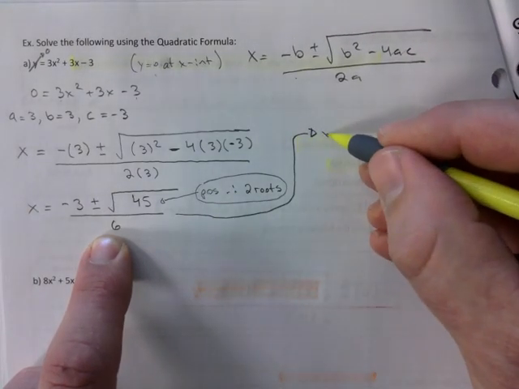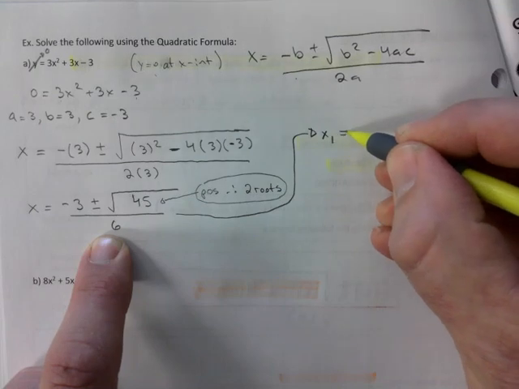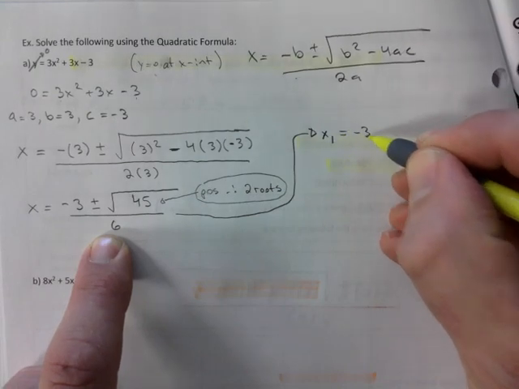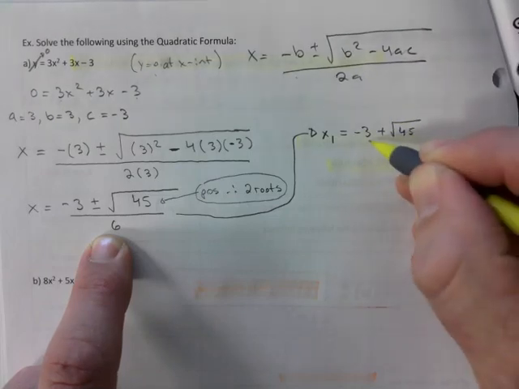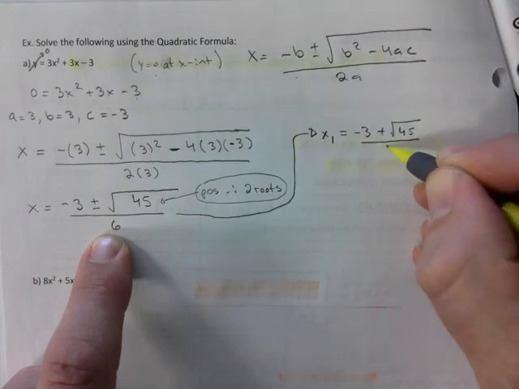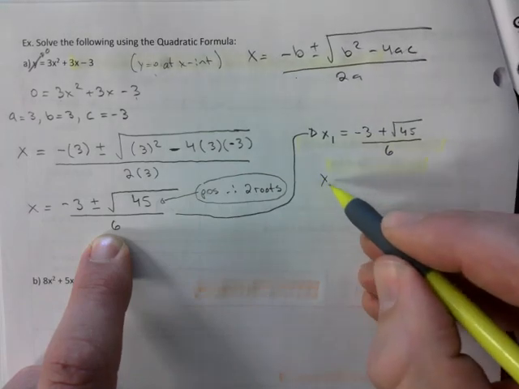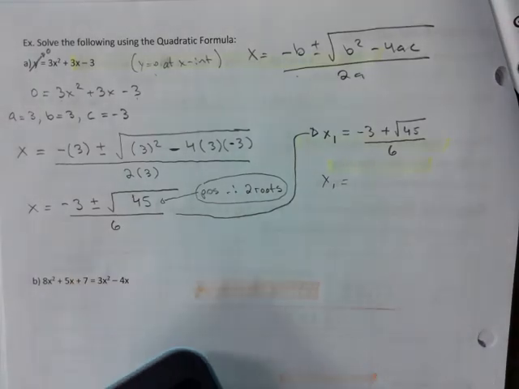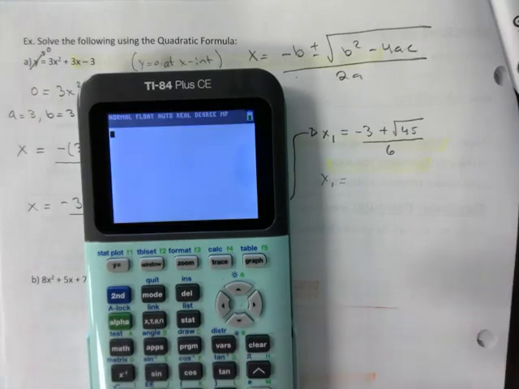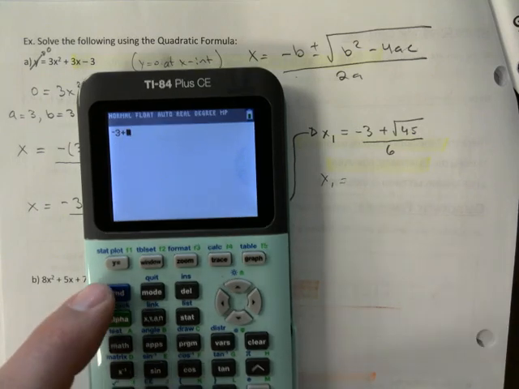So I say that the first root is going to be negative 3 plus root of 45 divided by 6. And you have to be careful here how you type that in. So grab your calculator and you just go negative 3, so negative 3 plus the root button, right?